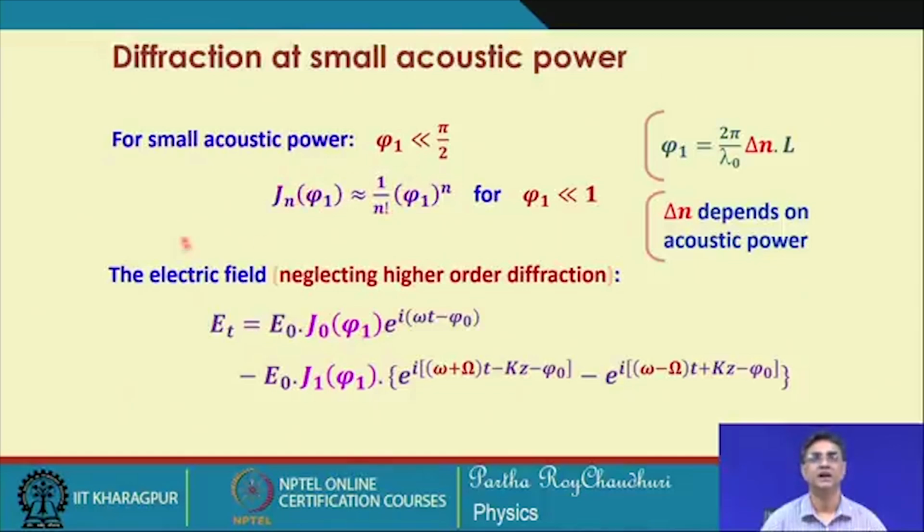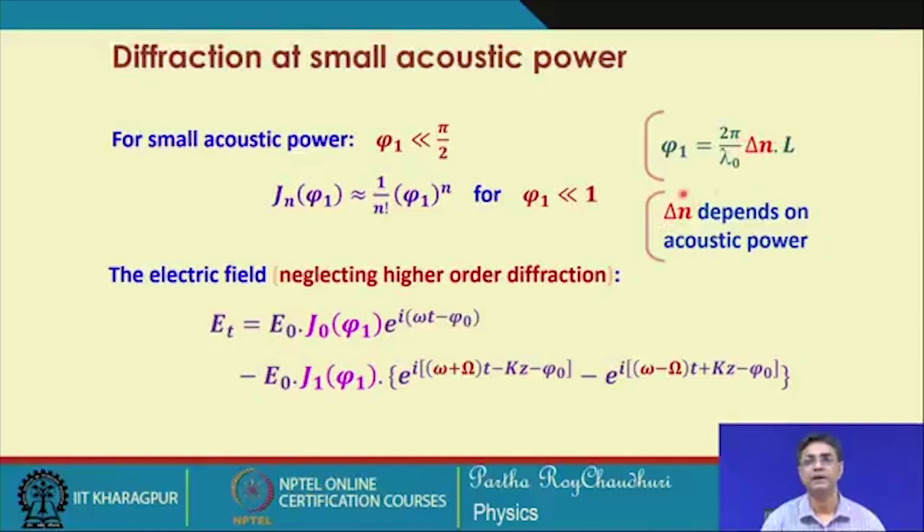And you can achieve this value of phi 1, because you have a control in your hand, that is delta n. Delta n comes through the acoustic power, because it is the amplitude of the acoustic wave, or the intensity of the acoustic energy density per unit volume, the intensity of the acoustic wave that decides this delta n value.